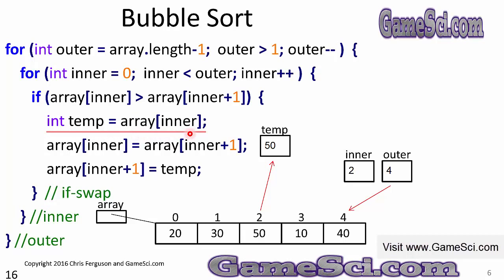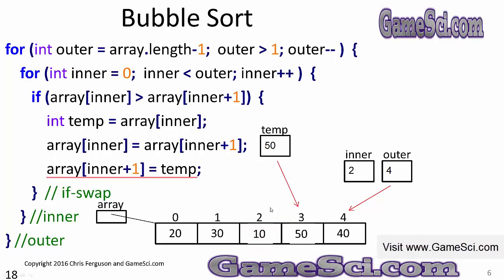It sets up a temporary variable, temp, here, and it takes array sub inner, that 50, and moves it to the temporary variable. Once 50 has safely moved to temp, it's going to move the 10 at array sub inner plus 1. That's the 10 right there, inner plus 1. It's going to move it over to array sub inner. It's going to wipe out the 50 that was here before. But don't worry about that 50. It's safely in temp.